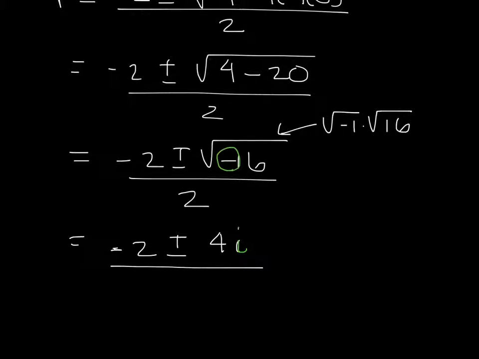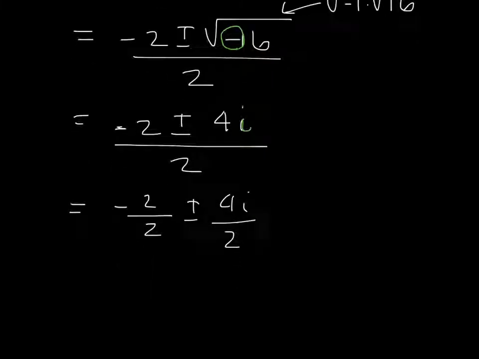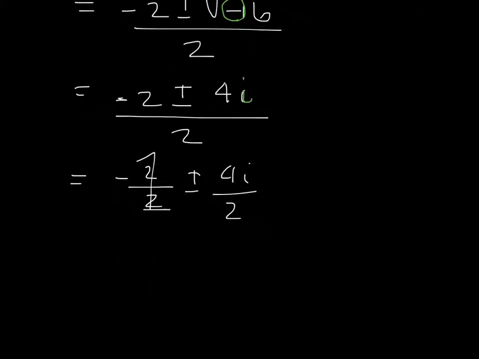So this is very hard to factor because we get an imaginary root. So over 2, and could have just done one more step, but this is really negative 2 over 2 plus or minus 4i over 2. And this is a big 1. So negative 1 plus or minus 2i. Okay, there's my a, and there's my b, right?